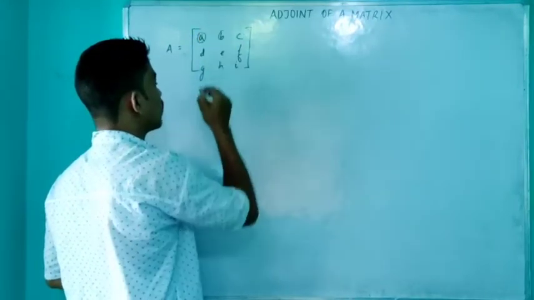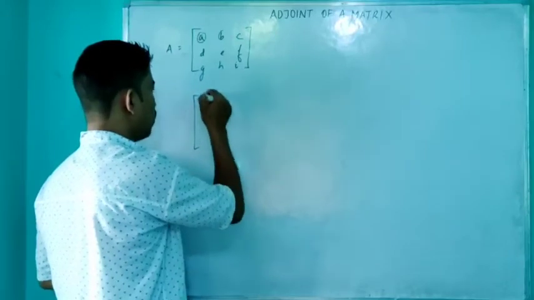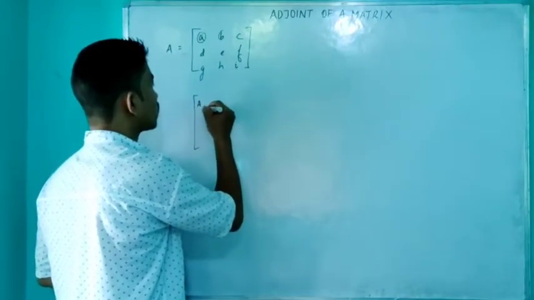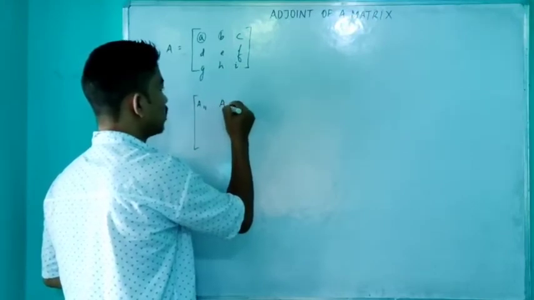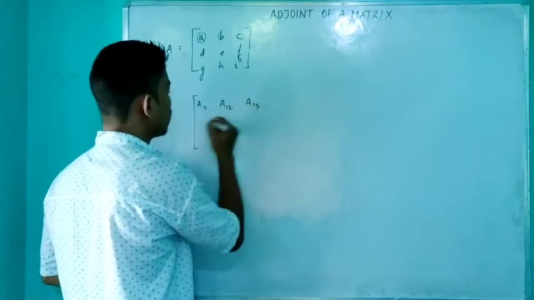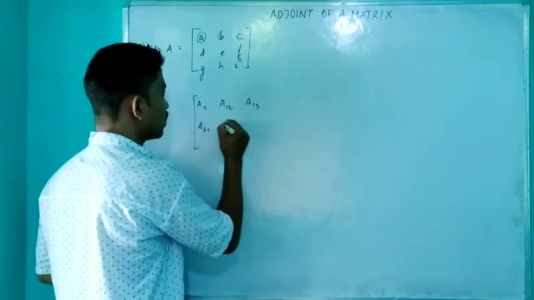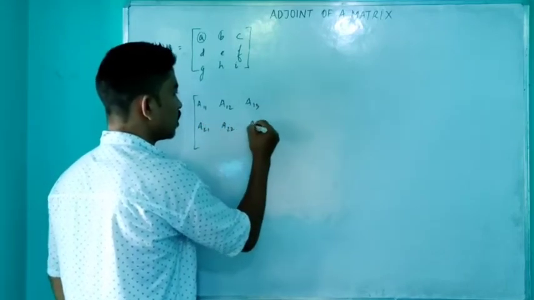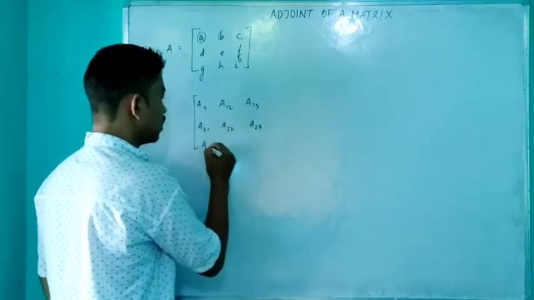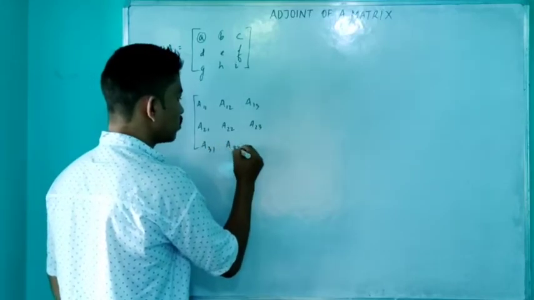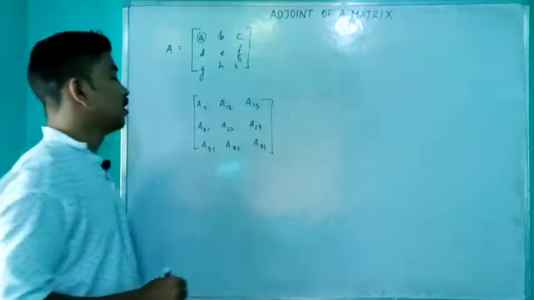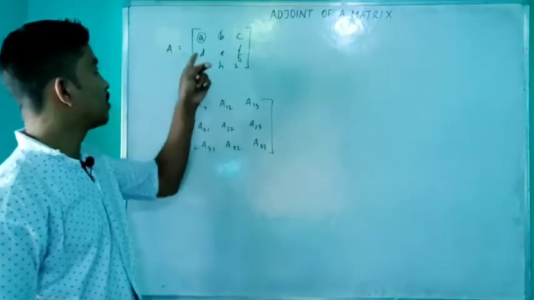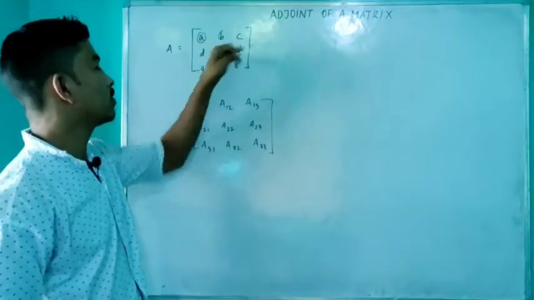I will find the cofactor of A and write it as A11, the cofactor of B as A12, A13, A21, A22, A23, A31, A32 and A33. So this is the matrix that I have obtained by writing the cofactor of each of these elements.